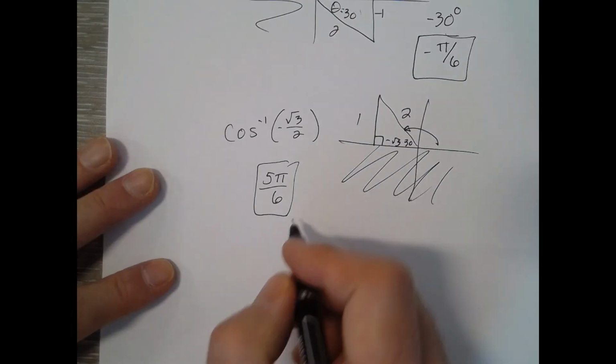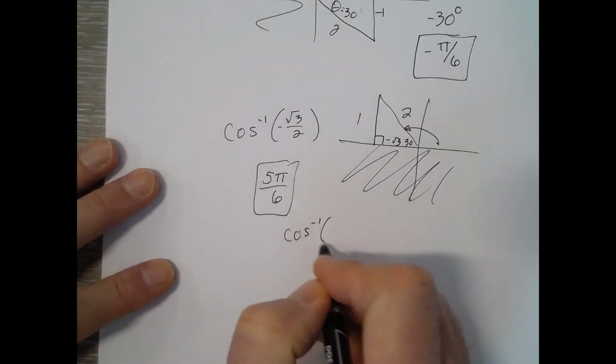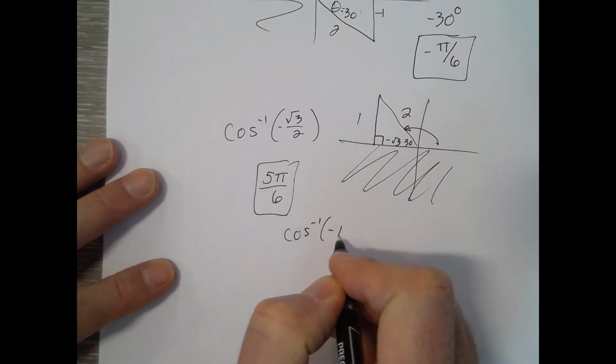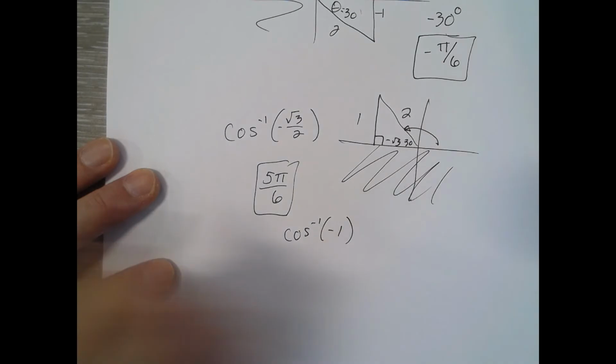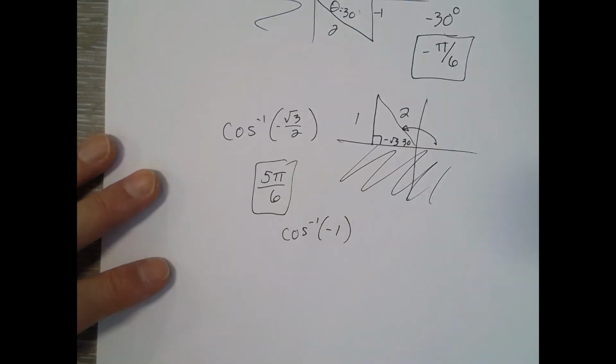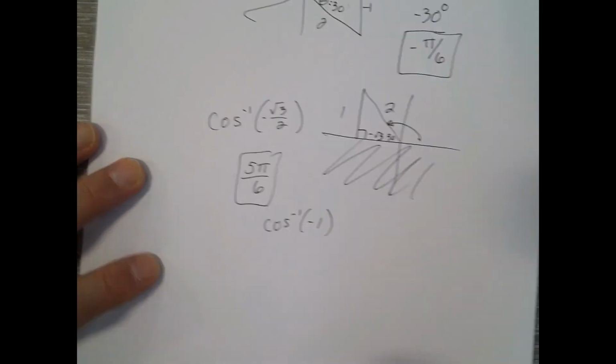What about inverse cosine of negative 1? What angle has a cosine of negative 1? Say it out loud. Alright, so if it's negative 1, that's on the axes. You have to go to the unit circle.